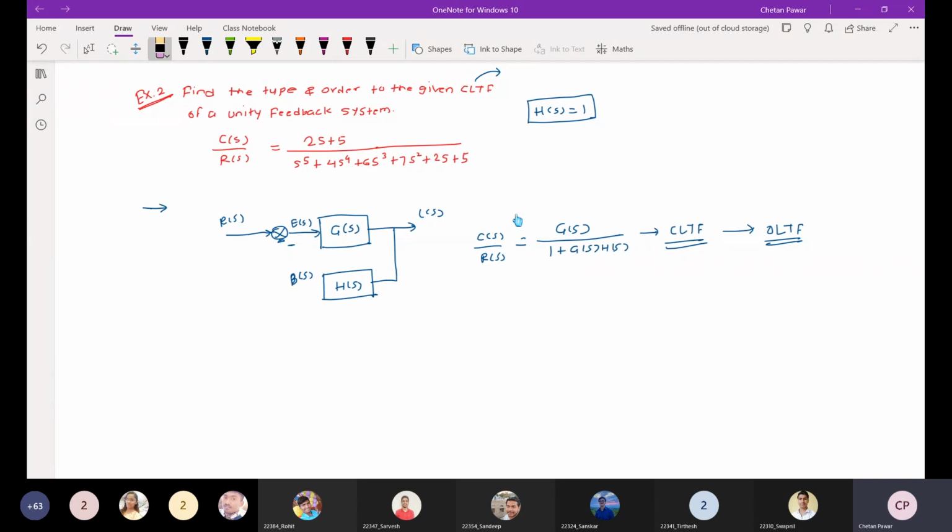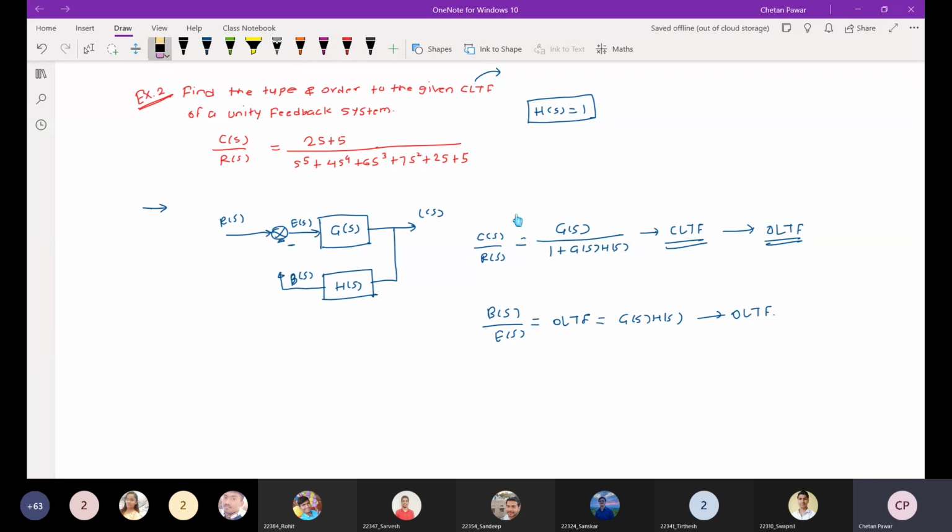Open loop. Now loop is open. And we find out the ratio of B of S upon E of S. This is an open loop transfer function. So what is the open loop transfer function? G of S into H of S. Okay, so this is open loop transfer function, OLTF.